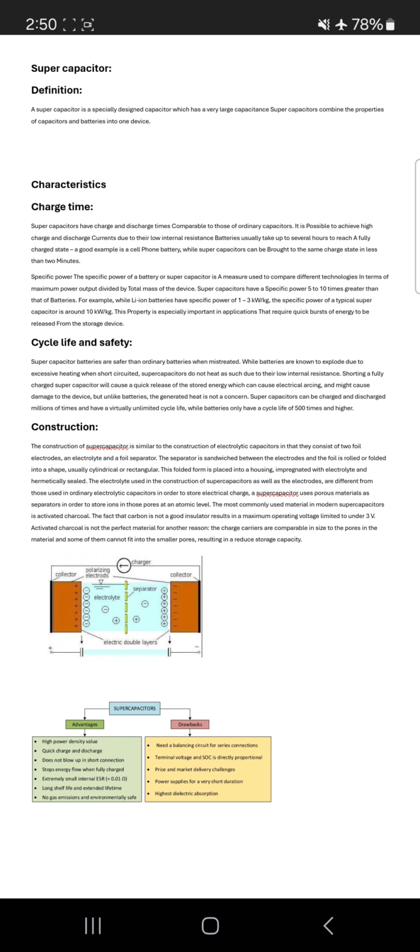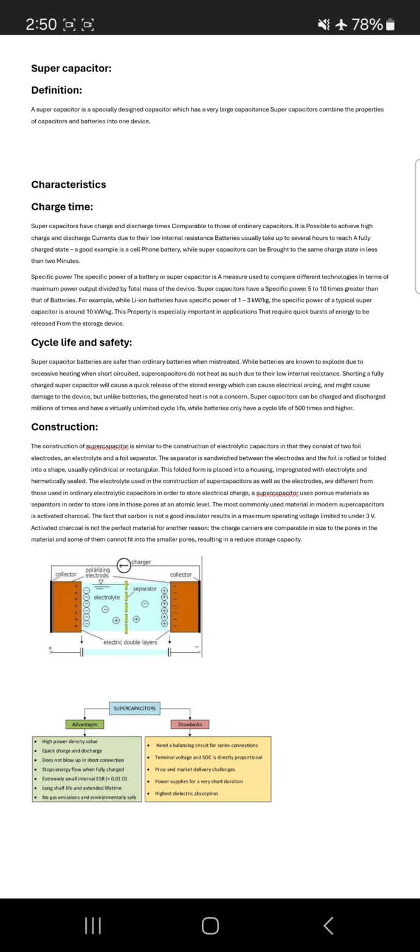Then, cycle life and safety. Supercapacitors are safer than ordinary batteries when mistreated. While batteries are known to explode due to excessive heating when short circuited, supercapacitors do not heat as much due to their low internal resistance.